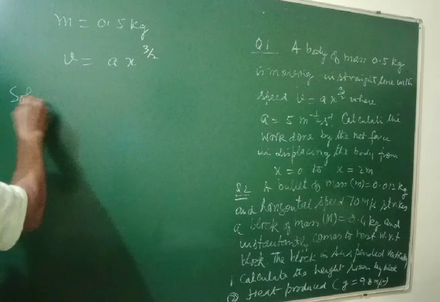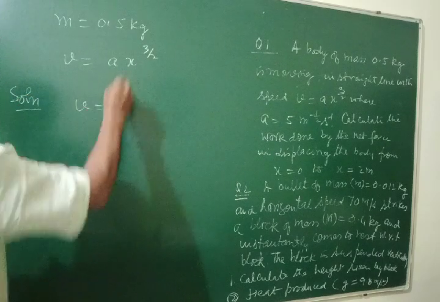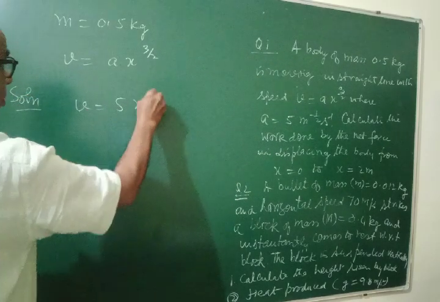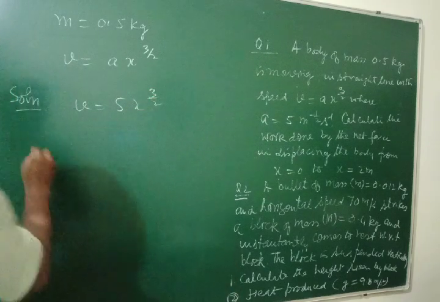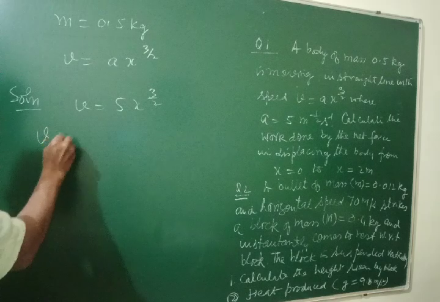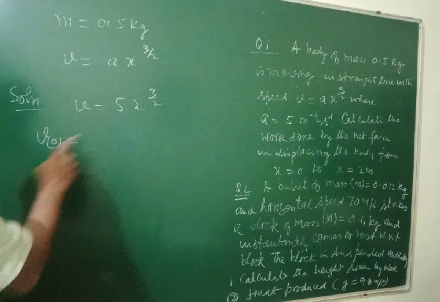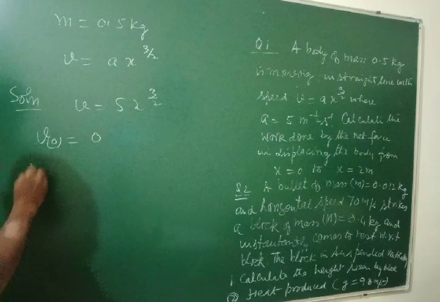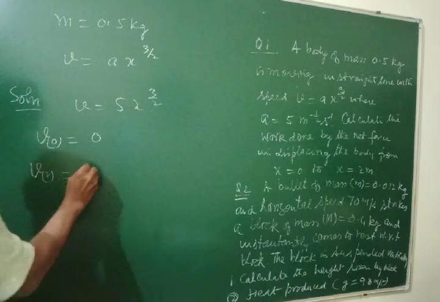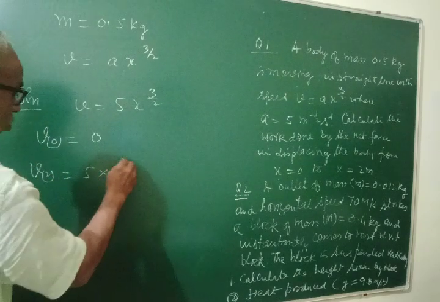v equal to 5 into x to the power 3 by 2. Velocity at displacement x equal to 0 is 0, and velocity at 2 meter is 5 into 2 to the power 3 by 2.